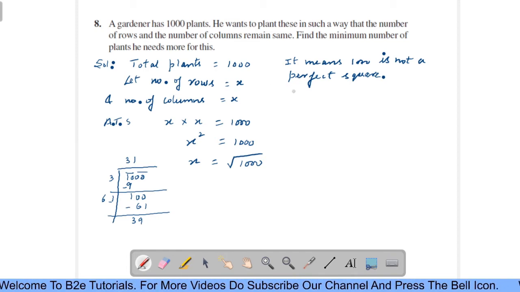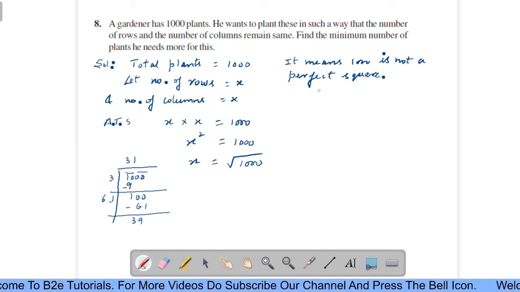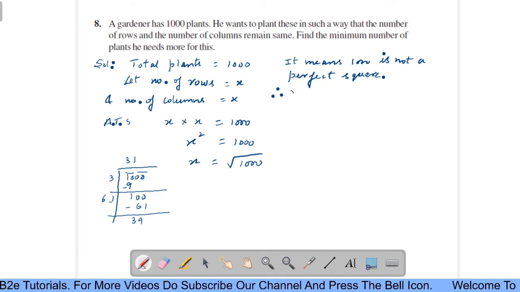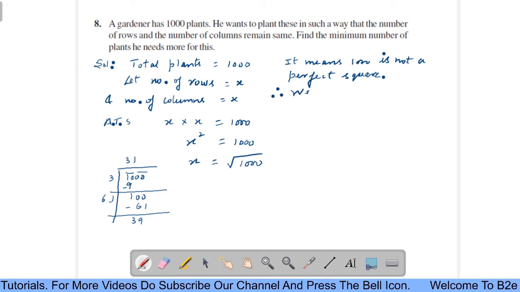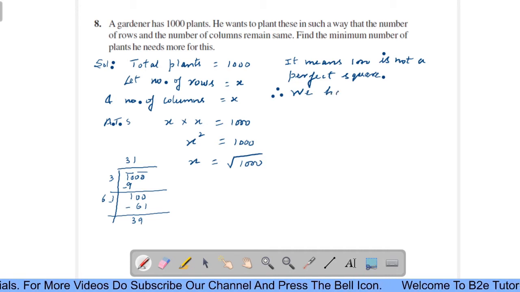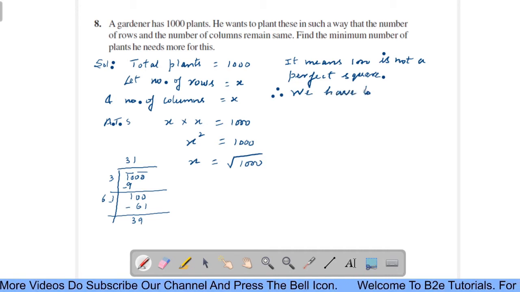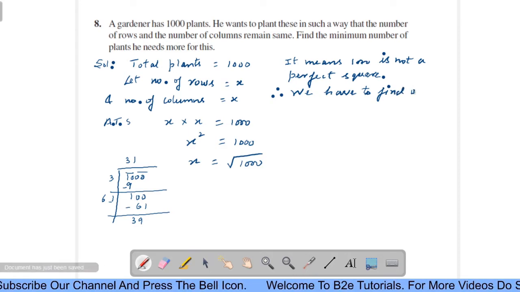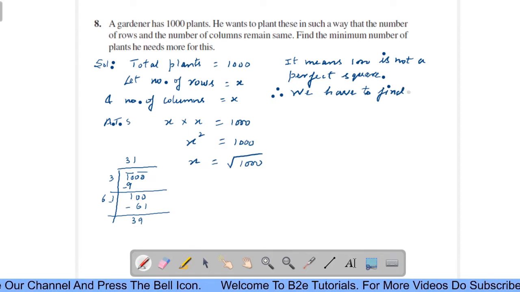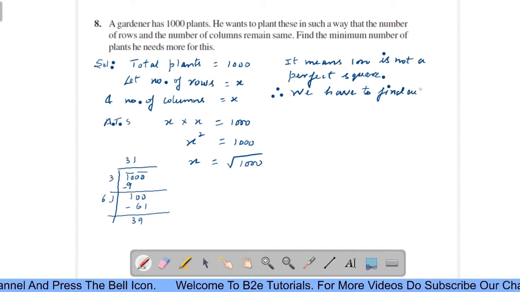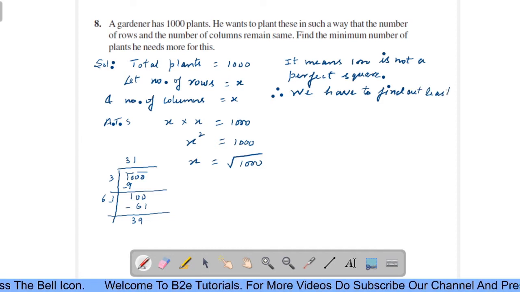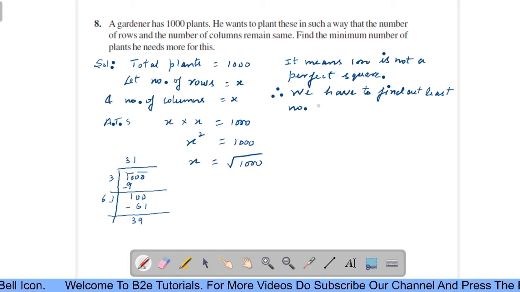Therefore, we have to find out the least number to be added.